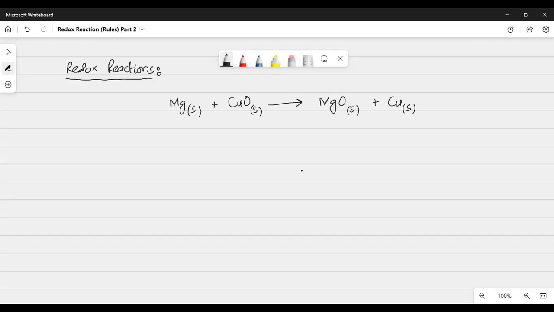Now, the most common question is to give you an equation like this and ask you which compound or which element exactly undergoes oxidation, which one undergoes reduction, or which one is the oxidizing agent, in other words, or which one is the reducing agent.